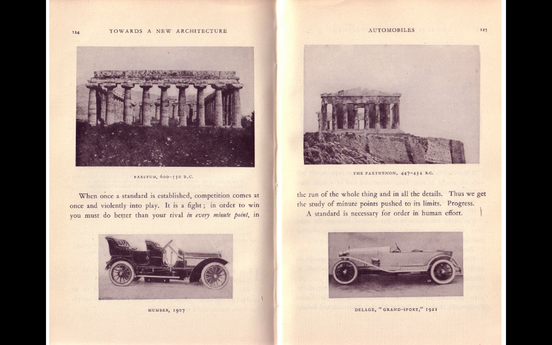So he is implying, through the use of all these other disciplines and pieces of evidence, that his architecture symbolizes progress, and that he is this kind of best, newest competition winner, essentially, in the whole thing and in the details, and that his work is now setting the new standard for human effort in architecture. It's a pretty amazing argument to make.